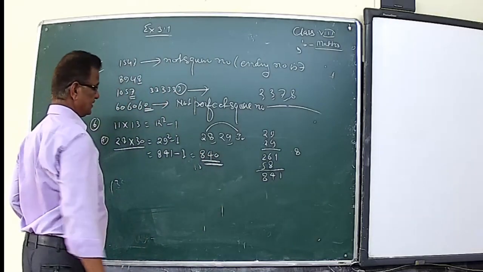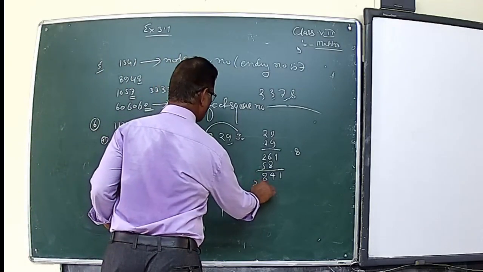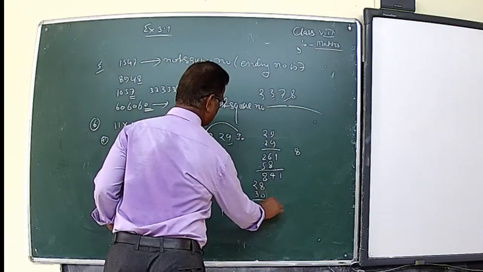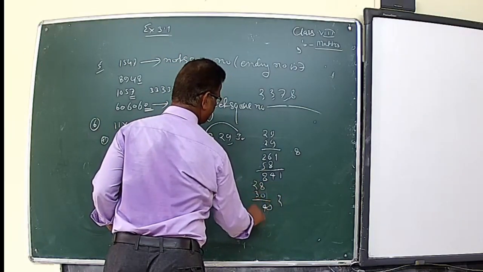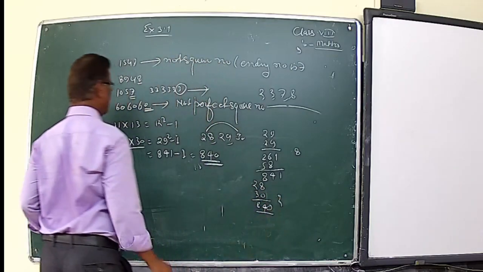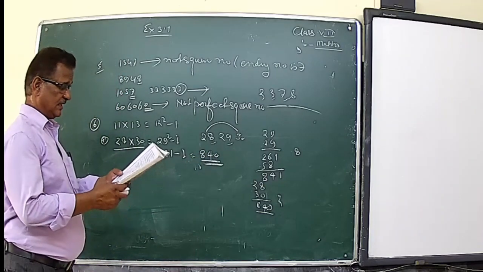If you want to check, you can check the product also. The product 28 into 30 also comes to 840. So you can do this question like this.